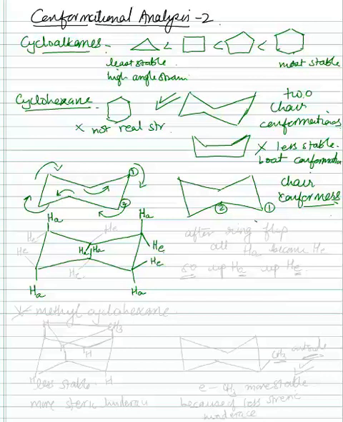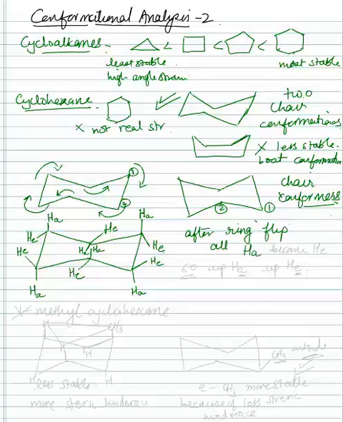This is axial going up, so this is equatorial going down. This is axial going down, so equatorial is going up, equatorial going down, and axial was going down here, so equatorial is going up.